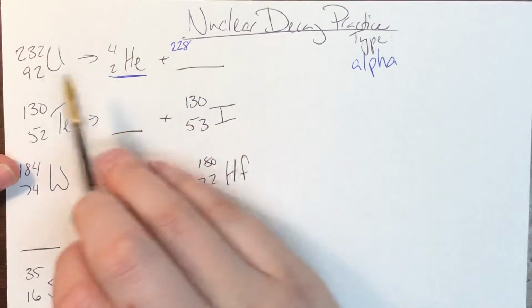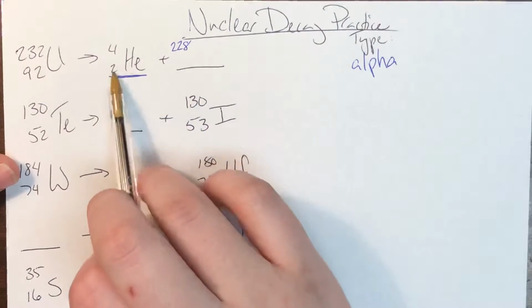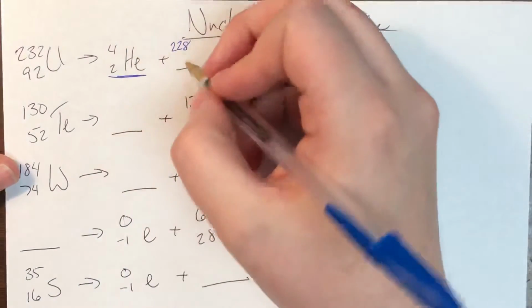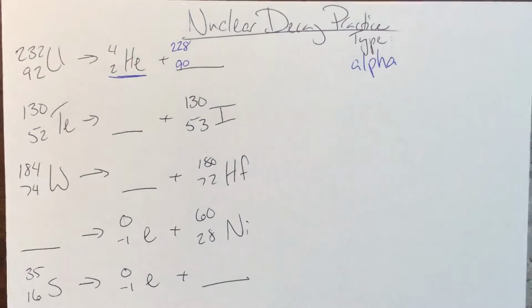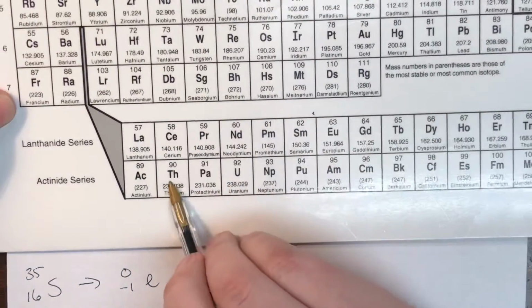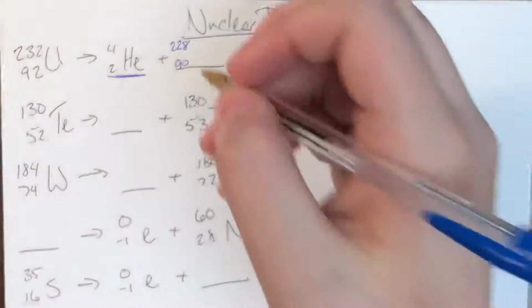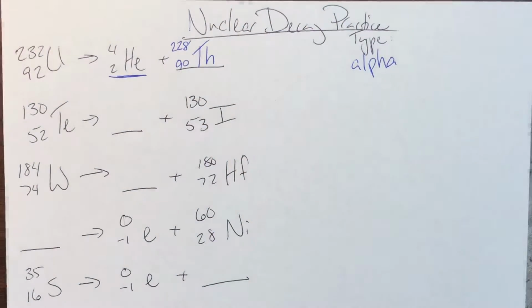And my new proton number is going to be 92 minus 2, because I need both sides to equal the same thing, so that would give me 90. Now I just need to figure out who has an atomic number 90. And if I look on the periodic table, I see that thorium has an atomic number of 90.